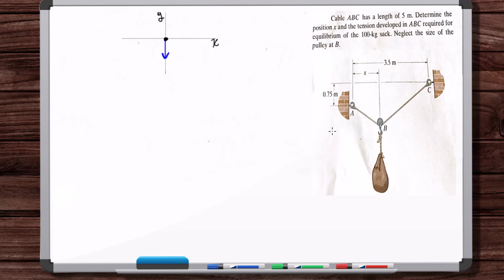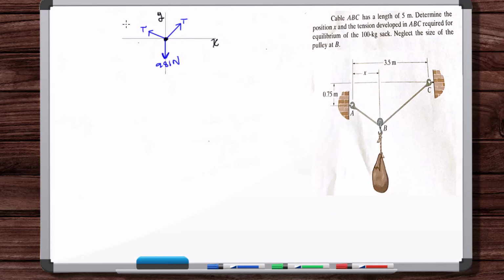The weight of the sack is 100 kilograms times 9.81, so 981 newtons. Okay, and then we've also got the tension in the rope here and here. Right, we know this is the same force. It has to be the same force.